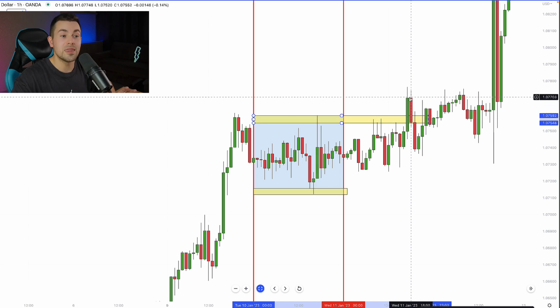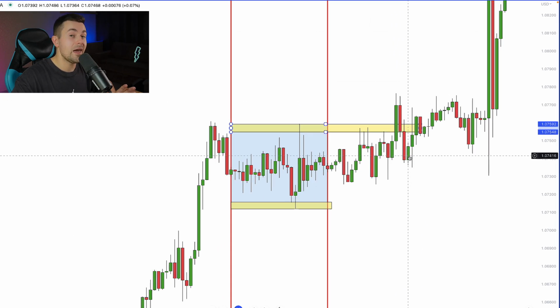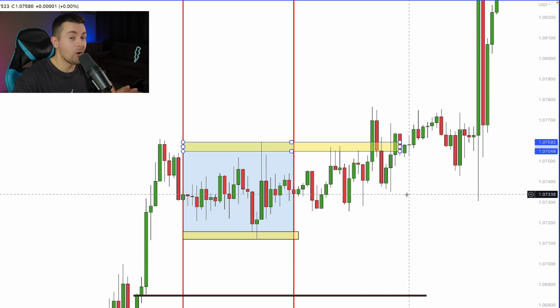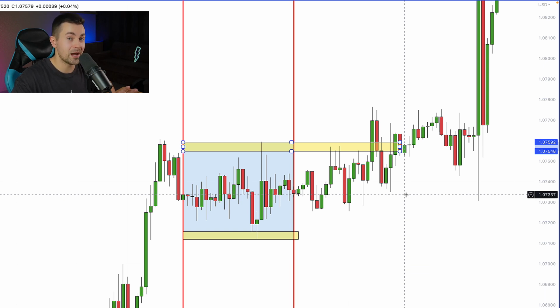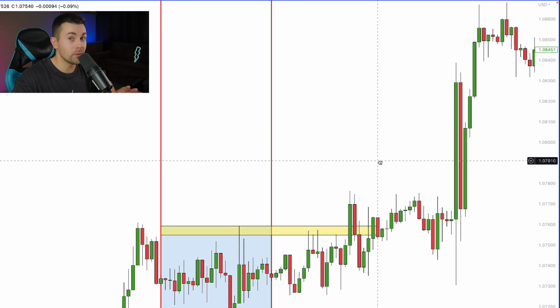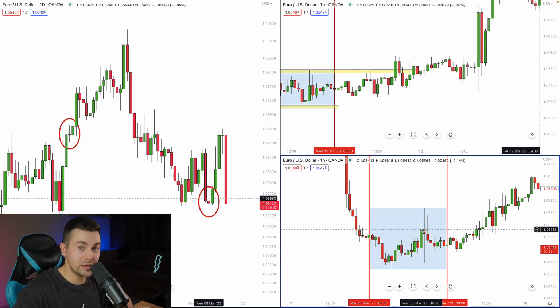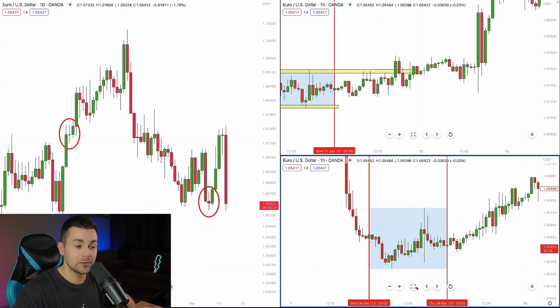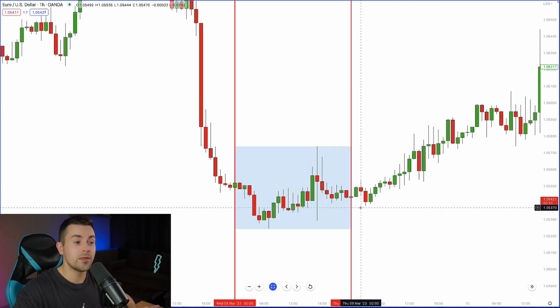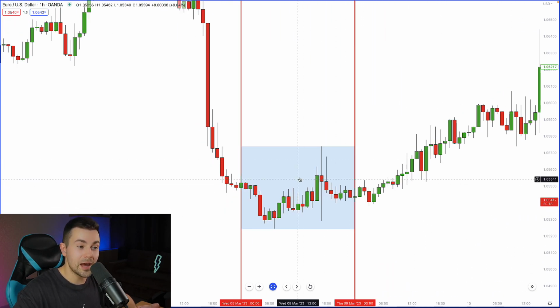You can see that then it was broken, and that was a trigger that bulls are still very strong and they are willing to push. And after that, a strong bullish movement initiated. Now, checking the second example and monitoring the price action within that exact day again.